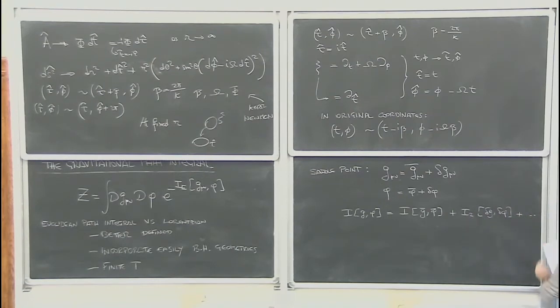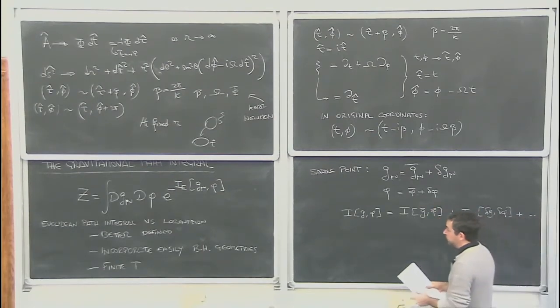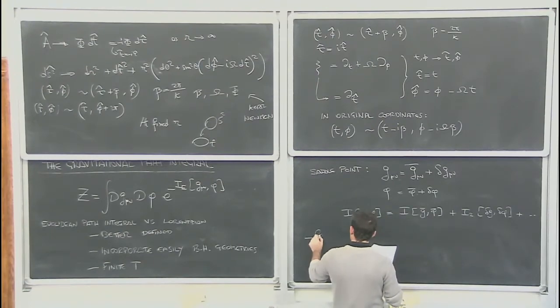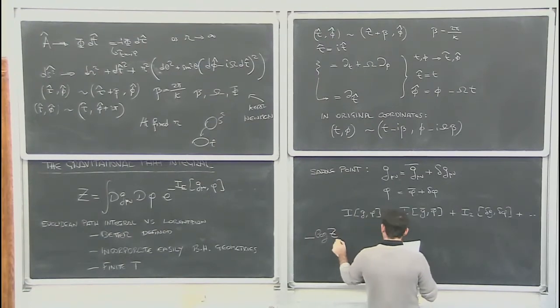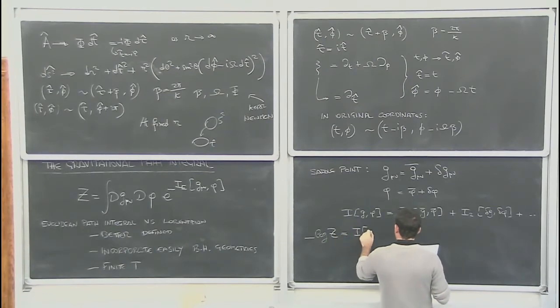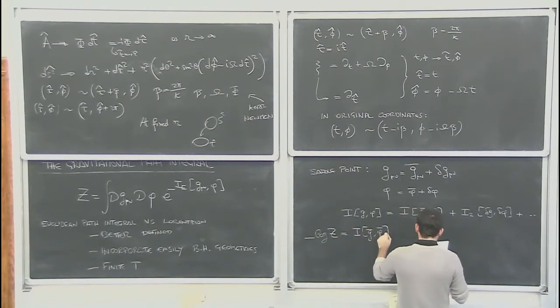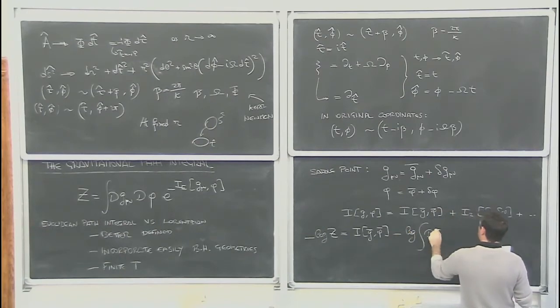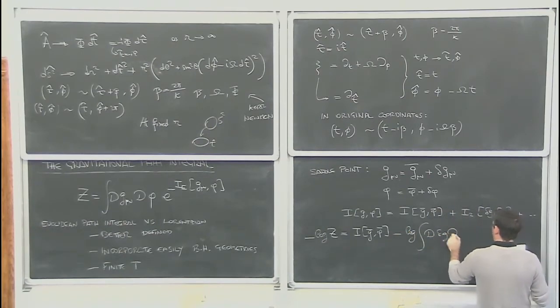In principle, we have much more, but these are the leading contributions into the path integral. We can expect that the full partition function will be minus log Z is I of G bar, phi bar, minus log of the integral over the fluctuations.